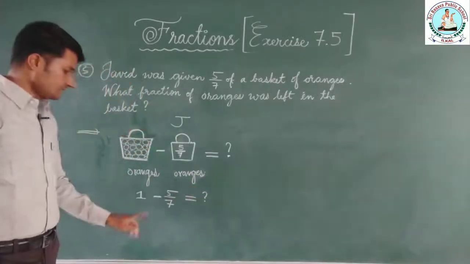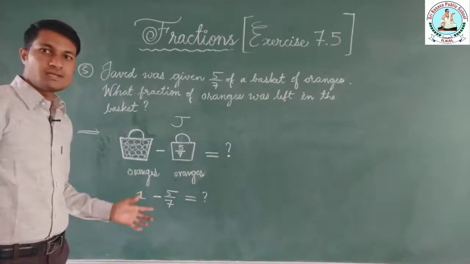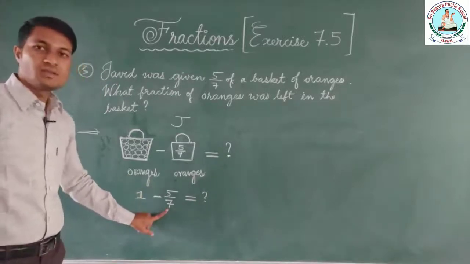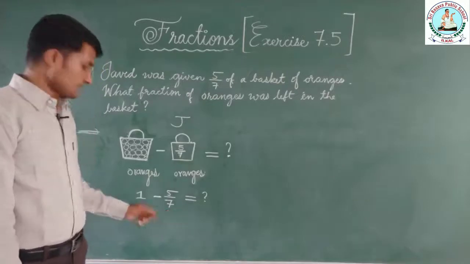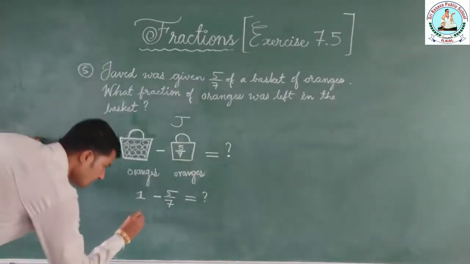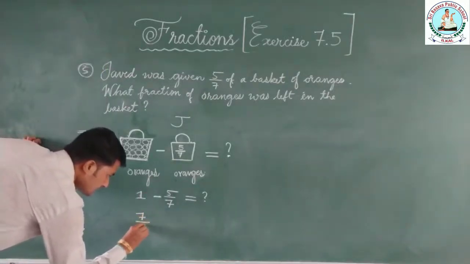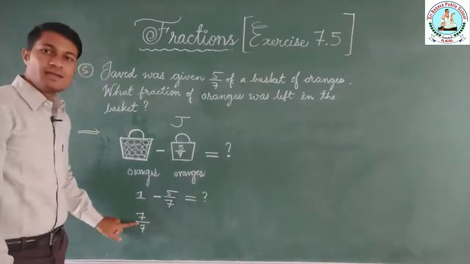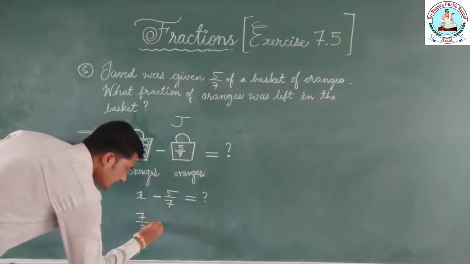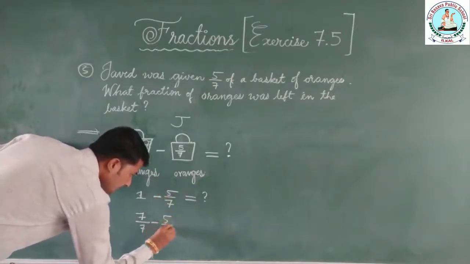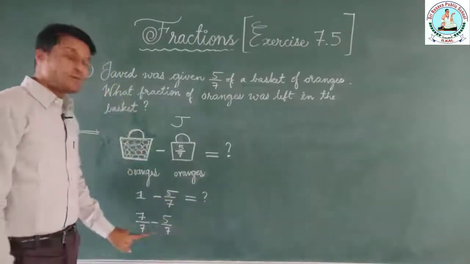And as I said, in place of 1, what can you write? Just observe the denominator. So when you look at the denominator, you will get the idea what you can write in place of 1. So in place of 1, you can write 7/7, because 7/7 is the same as 1. So write the subtraction sign as it is. This is 5/7. Now this is subtraction of like fractions.